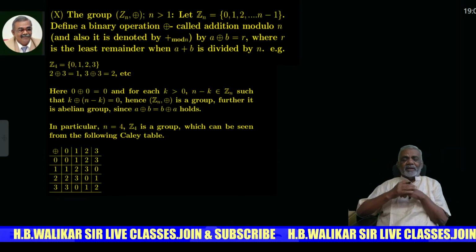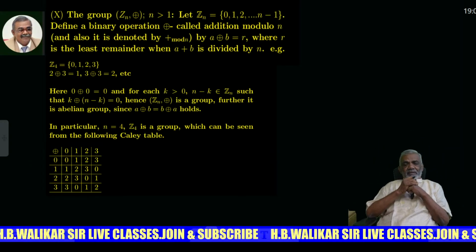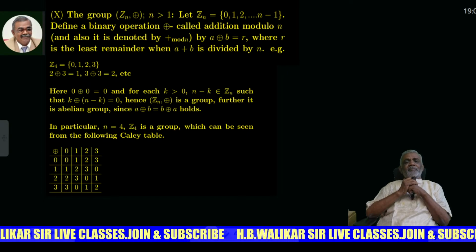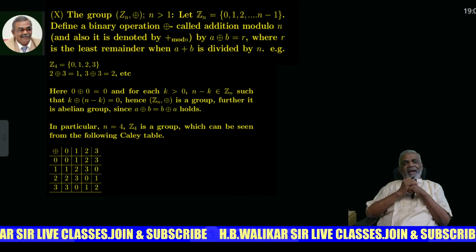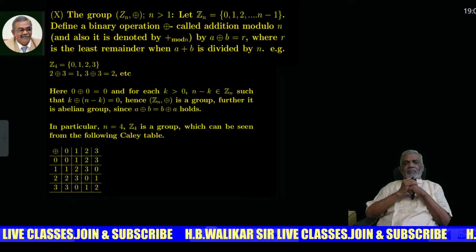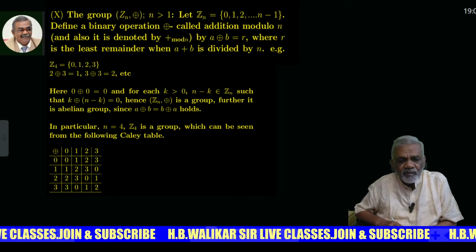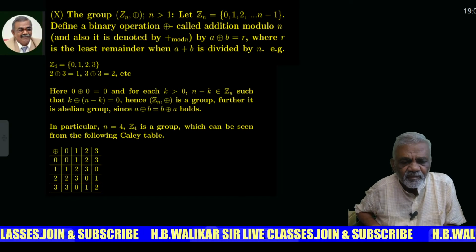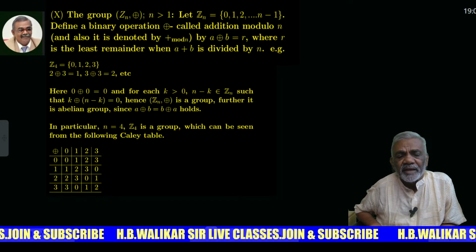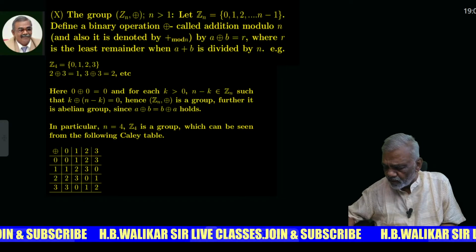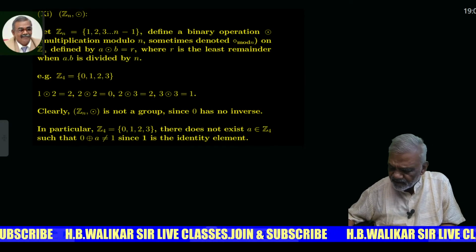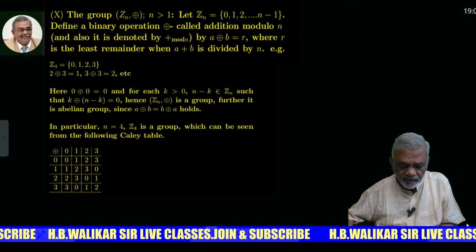Now, a very interesting example of a group I would like to give here. For that, I would like to define some binary operation, namely addition modulo n. What is addition modulo n?